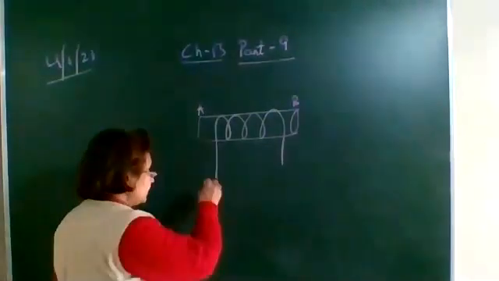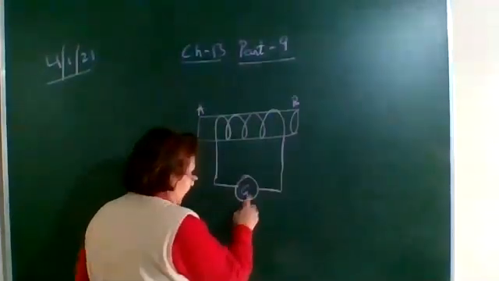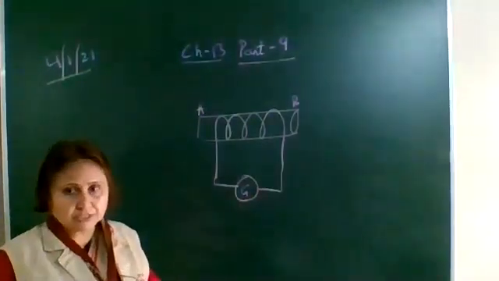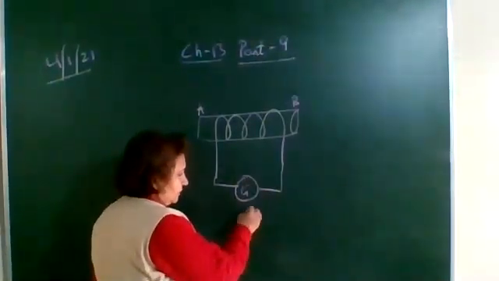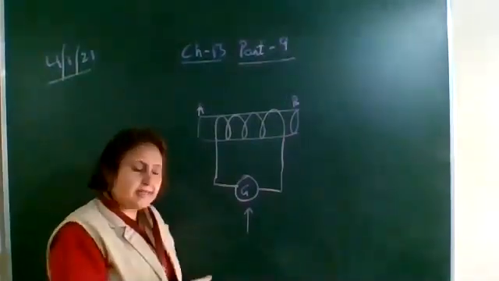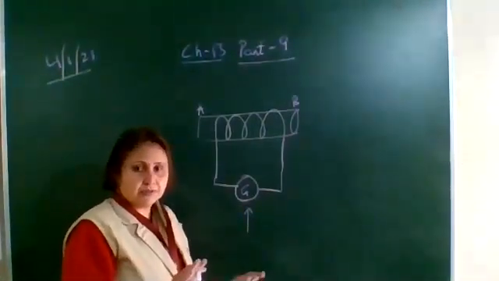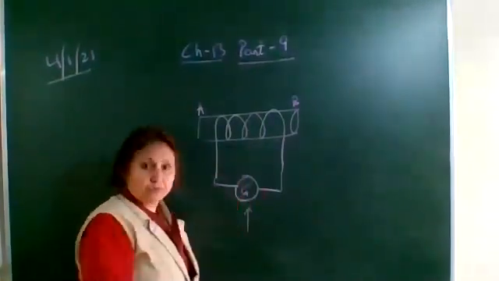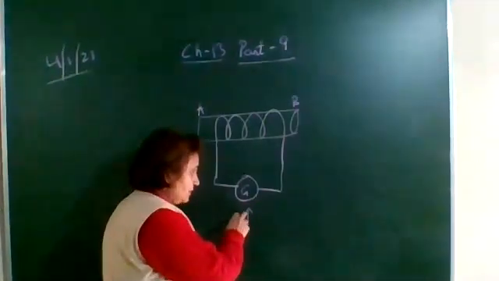And this coil is connected to a galvanometer. We know that the electric symbol for the galvanometer is a circle in which G is written. And the pointer of the galvanometer rests at center, that is, no current is flowing. But when current will be produced in this wire, what happens?